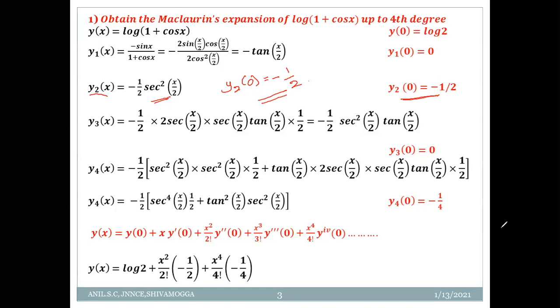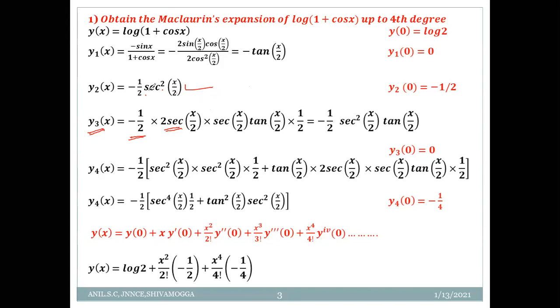Now we find third derivative. To find third derivative, differentiate this expression throughout with respect to x. Derivative of y2 is denoted by y3 of x. Here minus 1 by 2 is a constant. Keep it as it is. Derivative of secant square x by 2 is 2 secant x by 2.